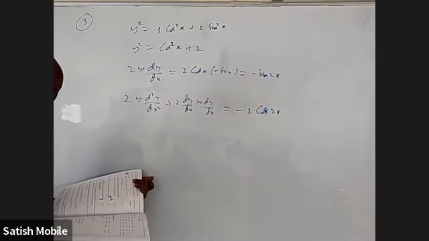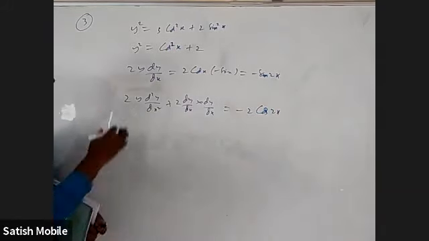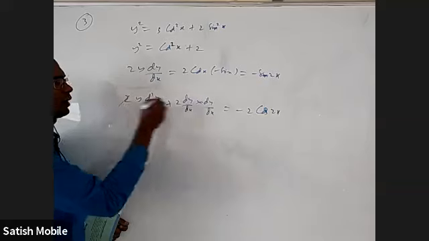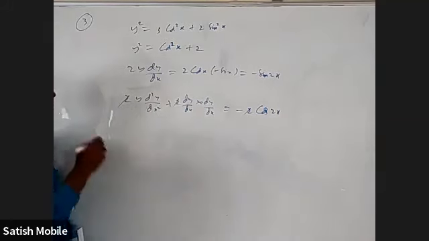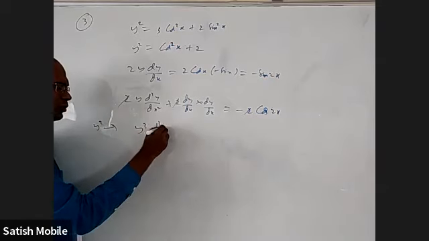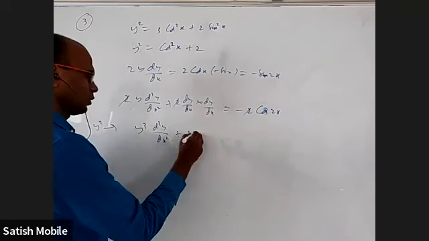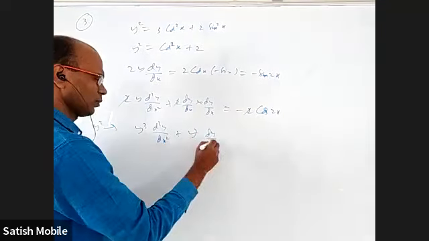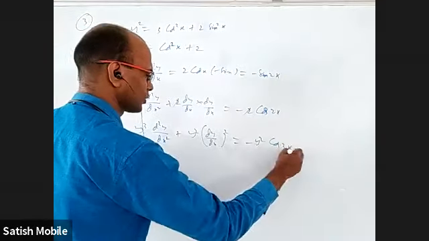We want y cube into d square y by dx square, so you multiply by y square everywhere. I get y cube d square y by dx square, here also y square dy by dx whole square, and here minus y square cos 2x.